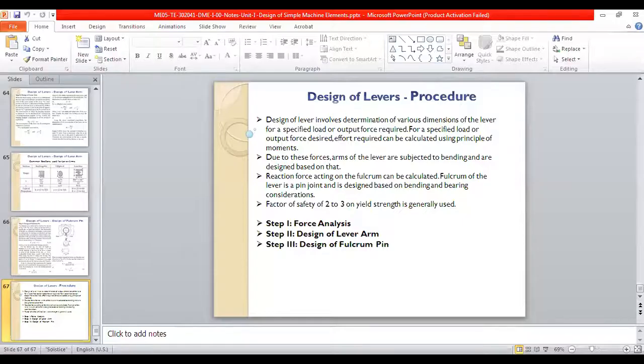Let me just share my screen with you. So basically, what we did in the last lecture is we went through the basic concepts of levers. What is a lever, why it is used, how it is used, what the different classes of lever are, and then we went through the procedure for the design of the lever.